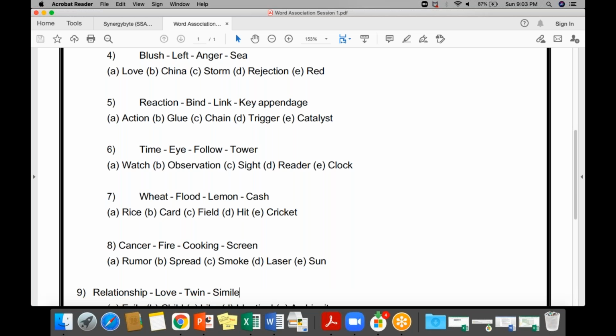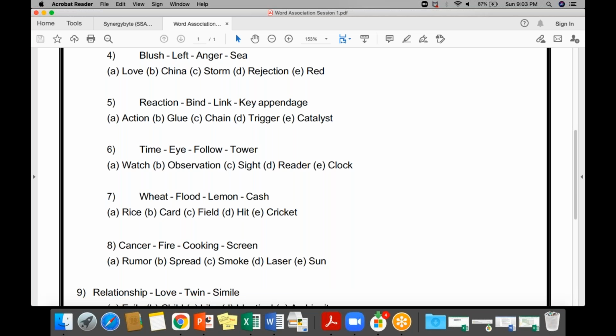And how is flood related with cash? Correct answer is rice.